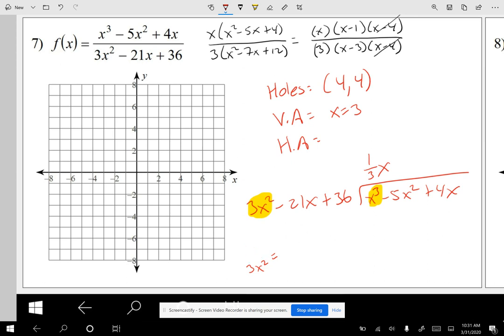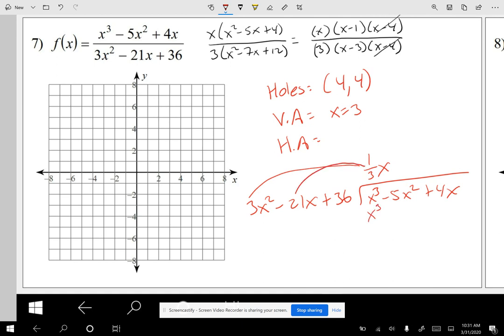Okay, so let me distribute the 1/3. Numbers wise, 3 times 1/3 is 1. x squared times x, I get 1x to the third.